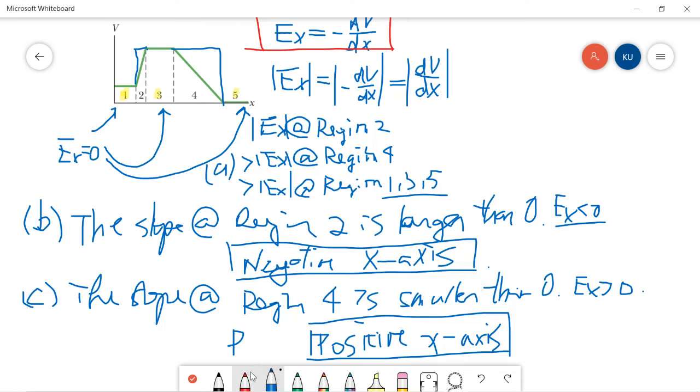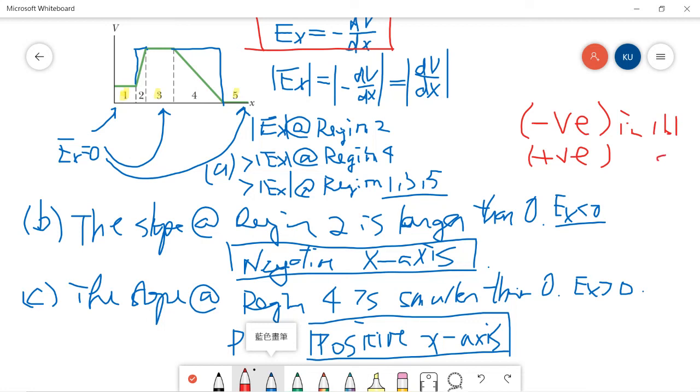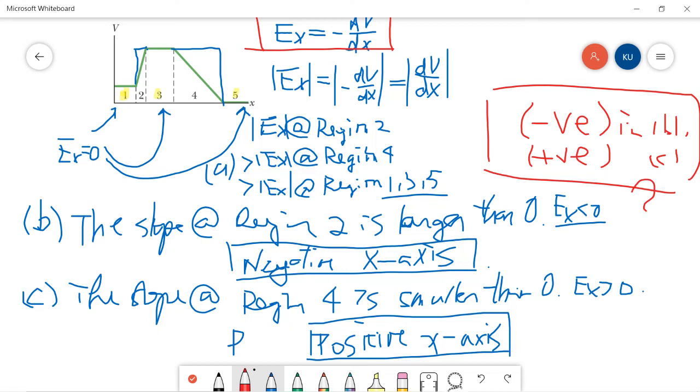So one point I want to mention is that many of you write something like minus V, plus V in part B and part C. I can't really understand why. Because as I mentioned, voltage is not a vector.